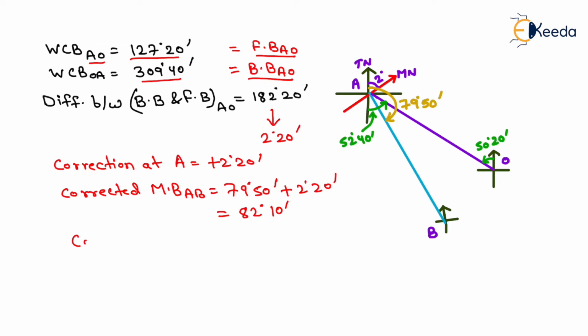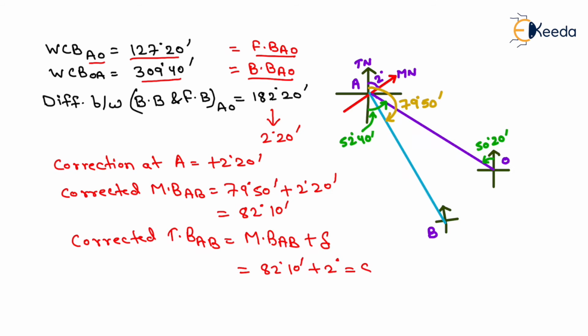So corrected true bearing of AB will be equals to corrected magnetic bearing of AB plus declination. Here declination is positive because of eastward declination, so true bearing will be equals to 82 degree 10 minutes and declination is 2 degree. So it will be equals to 84 degree 10 minutes.